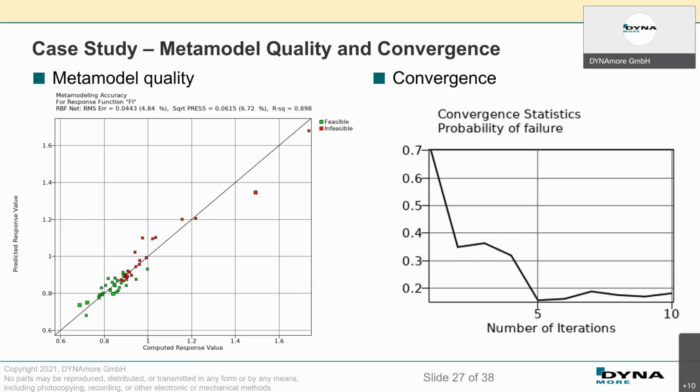In this case, I show you the convergence of the probability of failure, and you see, of course, we still have slightly different values also after 5 iterations up to 10 iterations, but we are in a range where it doesn't change too much anymore. So we have convergence here for our example.